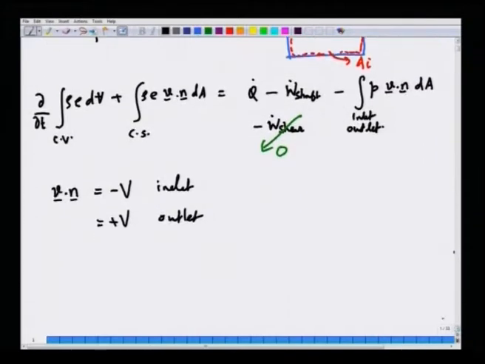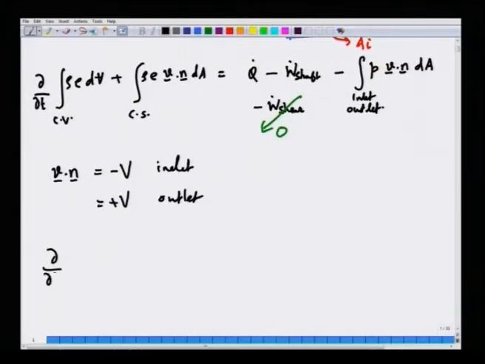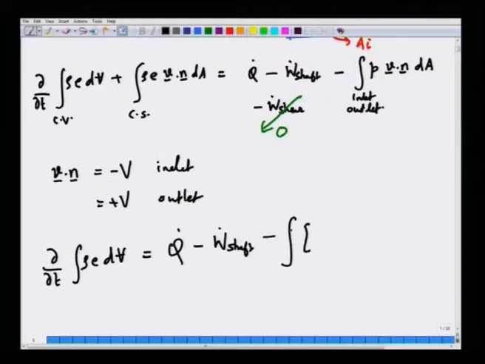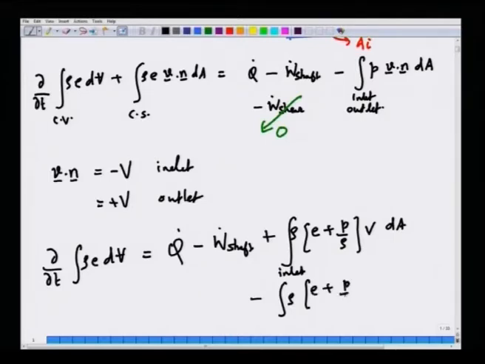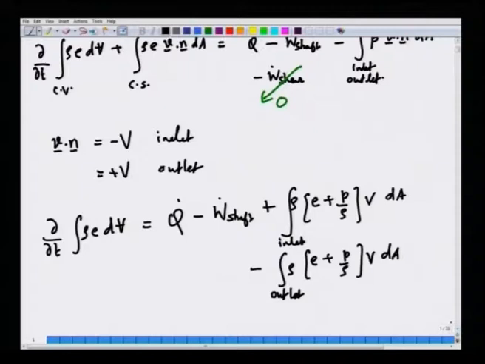So, once you do this, you get a very simple dE/dt is equal to Q dot minus W dot shaft minus integral rho times (E plus P by rho) V dA over inlets minus rho (E plus P by rho) V dA over outlets, because of this fact that V dot n is minus V for inlets, minus of minus becomes plus there, whereas it is just plus V for outlets.